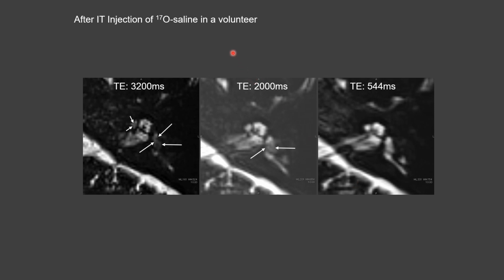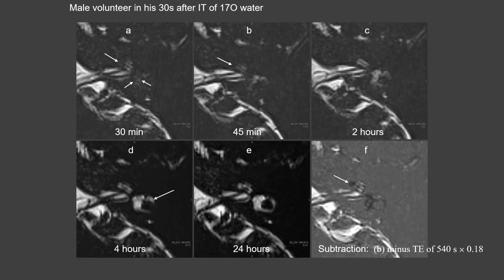And this is a volunteer image. After intratympanic injection, 30 minutes after, signal of vestibule and the basal turn of cochlea drops. And this is another volunteer.